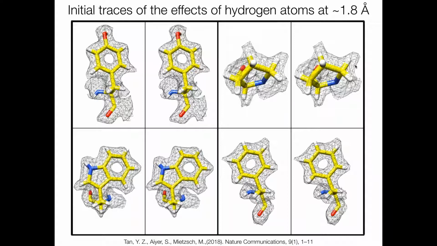The reason is that the image formation is different. With X-rays you're generating electron density, but with electrons we're not looking at electron density, we're looking at the electrostatic potential. So the mechanisms of image formation are slightly different, and so what we're actually seeing is slightly different.